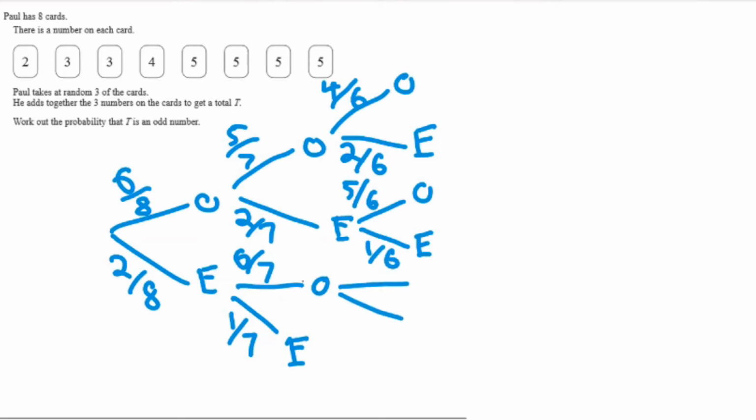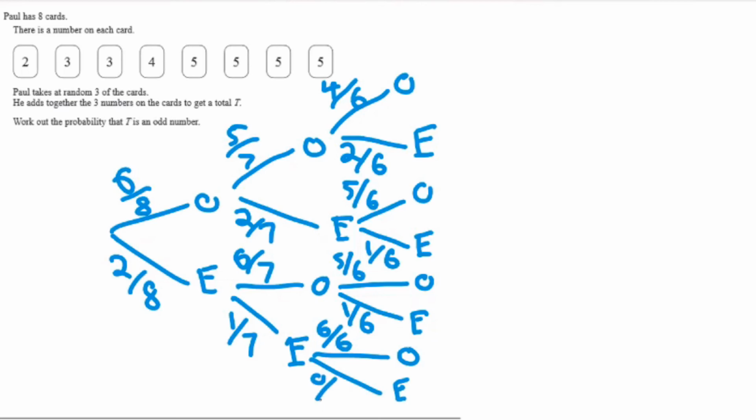To get an even and an odd, then another odd, that's going to be, once again, 5 out of 6, and then beneath that's 1 over 6. And then finally, if we'd taken 2 evens to start with, the probability of getting a final odd, there were still 6 odds to get, and that's now out of 6. There's only odds remaining, so we might as well put it on, but the even is going to be nothing. There are 0 evens left that we could pick.